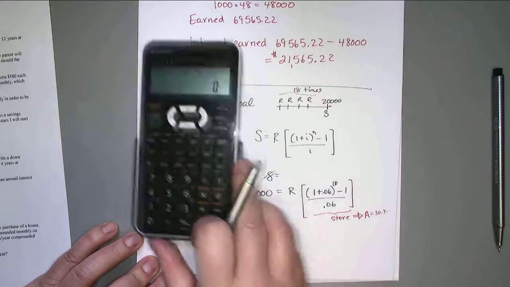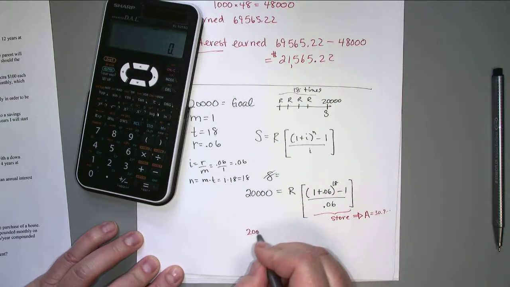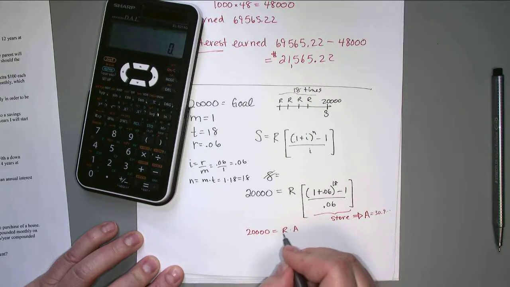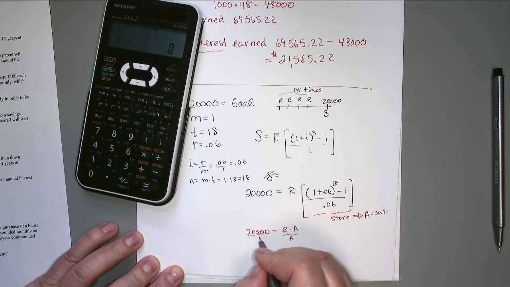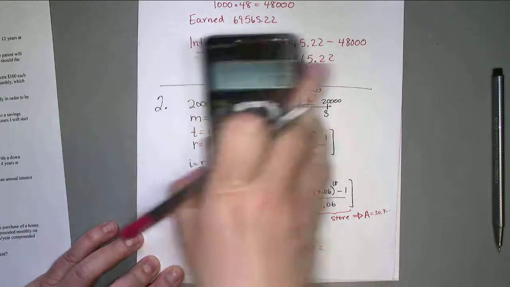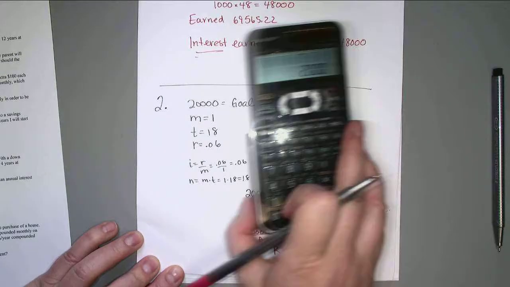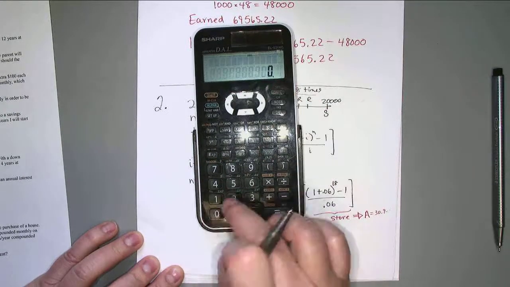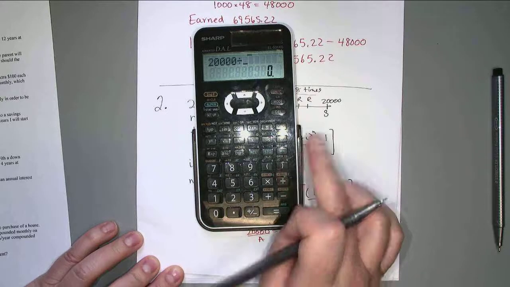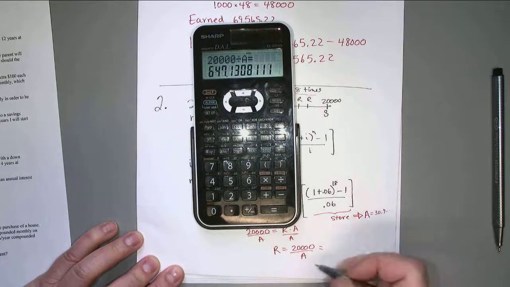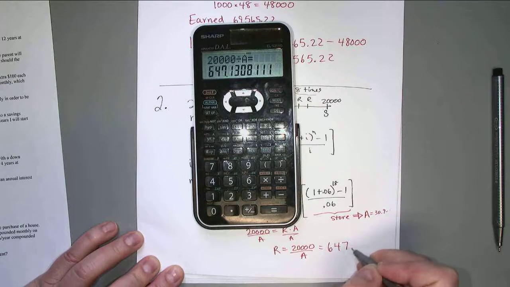And then, so what I've got now is an equation, 20,000 equals R times A, and I want to solve for R, so divide both sides by A. R equals 20,000 divided by A, and A is what's stored. So I would hit 20,000, divided by, recall A. So 647.13.